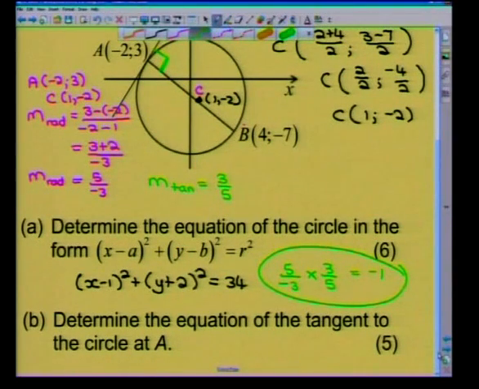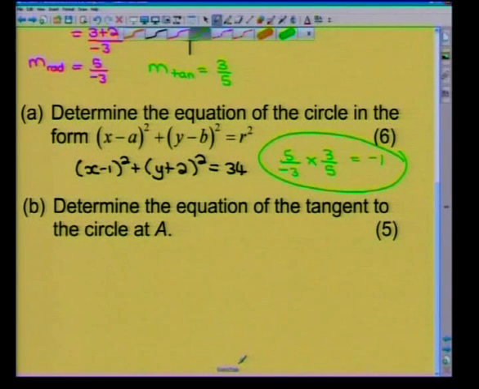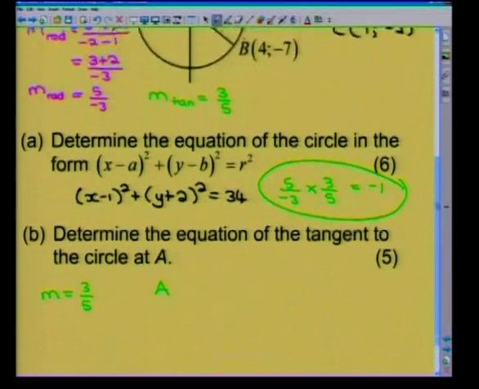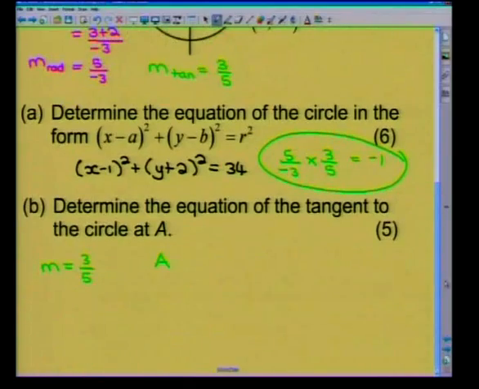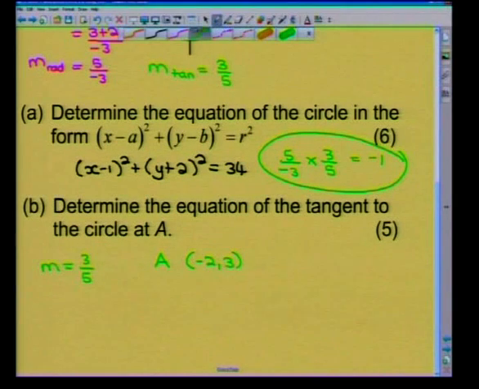Now at this stage, knowing our gradient, which is 3/5, and the coordinates of A, which I'm just going to go back for up here, (-2, 3), we can use some of our grade 11 work to help us out.